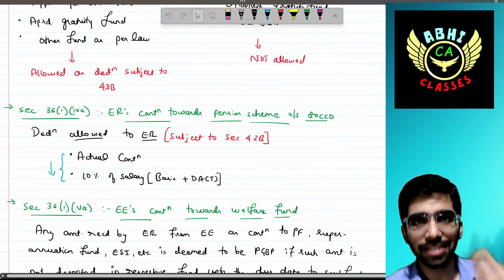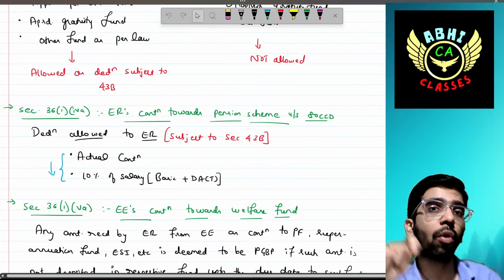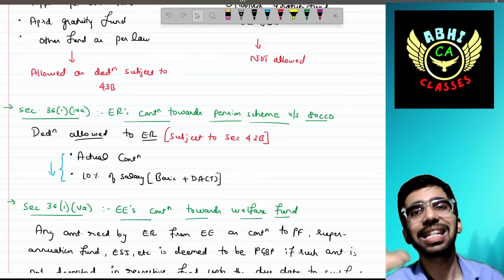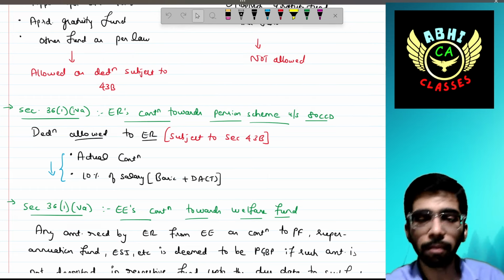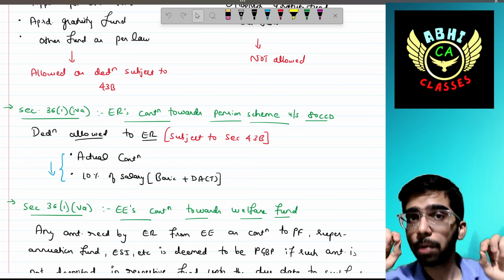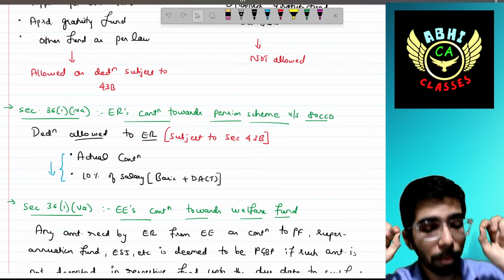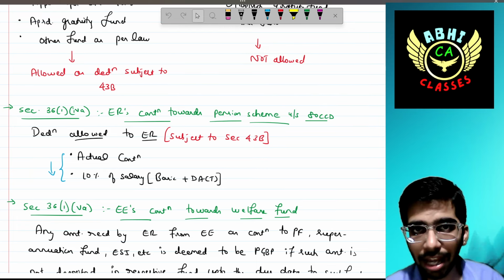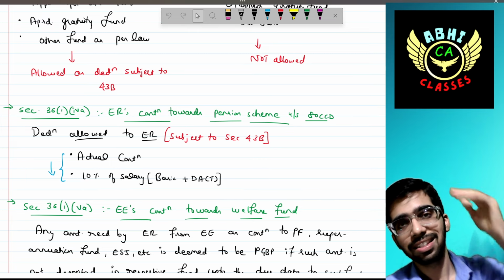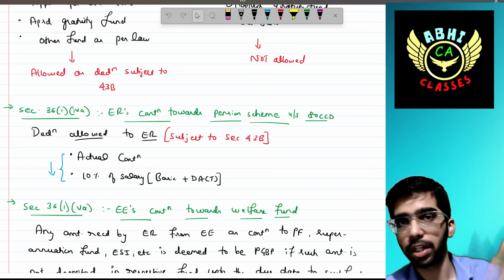Then section 36, subsection 1, subclause 4A. It says employer's contribution towards a pension scheme, that is the national pension scheme, under section 80CCD. It is not talking about employees' contribution, because employees' contributions can be taken as deductions under section 80CCD, which we will see in the chapter on Chapter VI-A deductions.